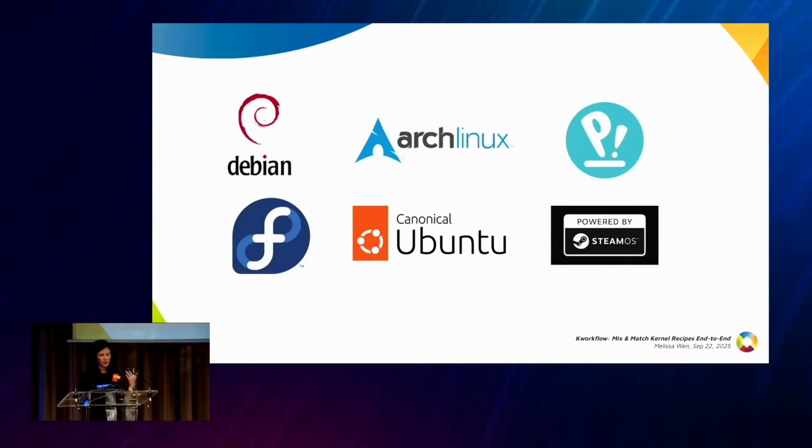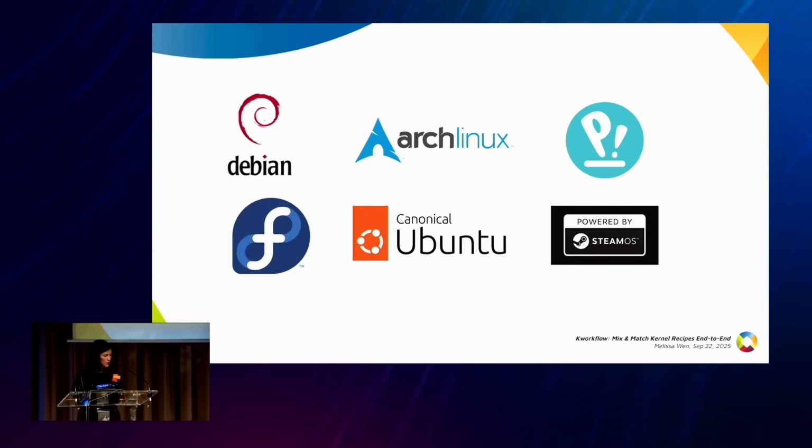OS, Fedora, Ubuntu, and SteamOS that is Arch-based. We can also mix and match if we are targeting a remote machine or a local one or a virtual machine. We can also mix and match architectures. And I think basically that's it.